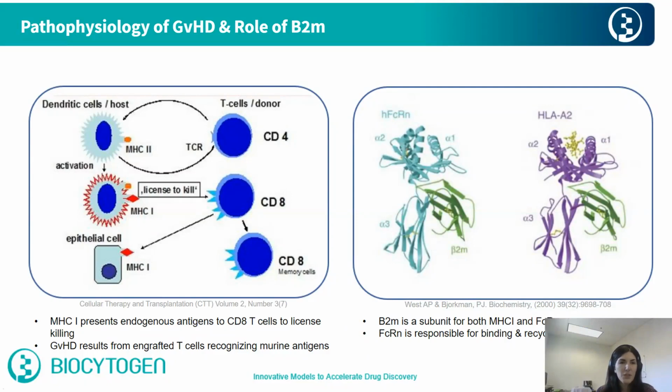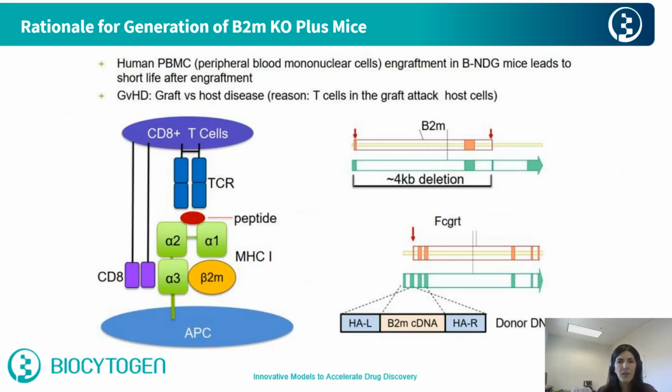However, because the beta-2 microglobulin protein is a subunit for both MHC as well as FcRn, which is responsible for binding and recycling of IgG, we needed to get a little creative with the targeting strategy. So together, this led to the following targeting strategy in these mice to attempt to reduce the onset of graft versus host disease.